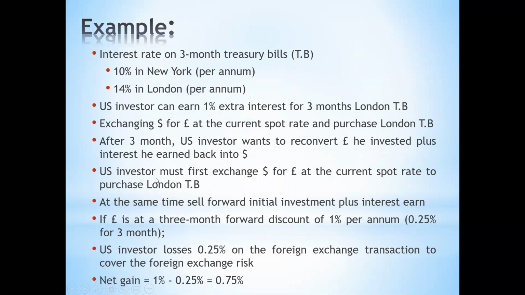If you remember our example, we had a 1% interest difference but only a 0.25% forward discount loss, and still a net gain of 0.75%.